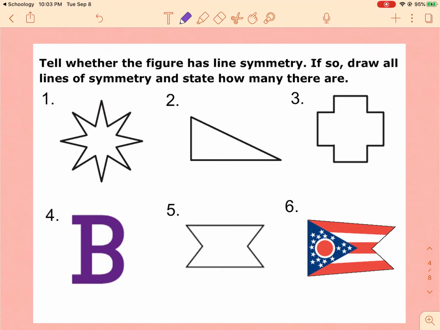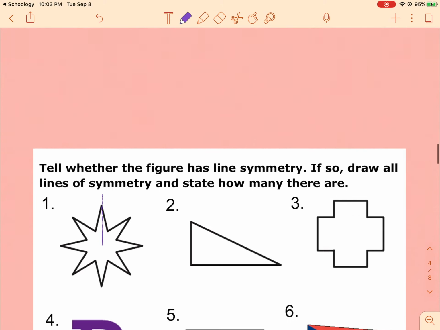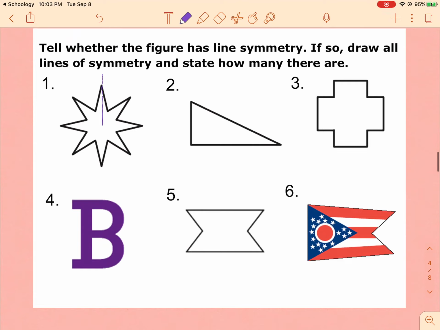With these examples, we want to be able to tell whether the figure has line symmetry. If so, draw all the lines of symmetry and state how many there are. With this first image, I think you should be able to see, if we fold it right along there, right along there, we can fold it along here.